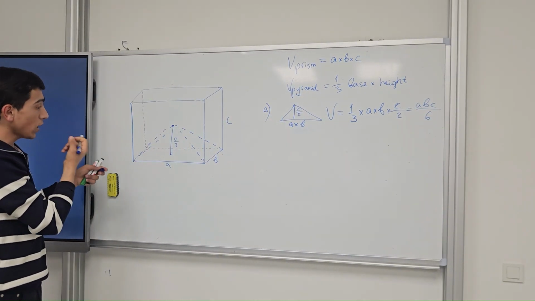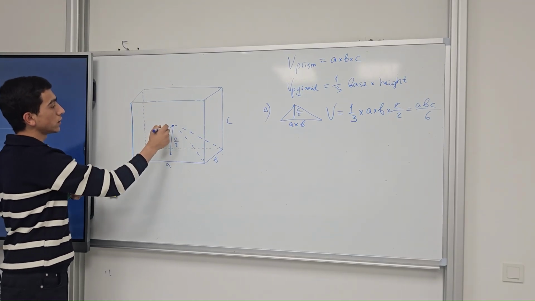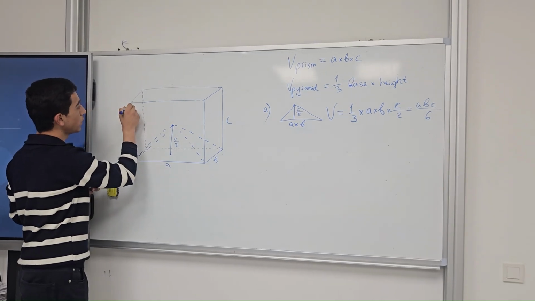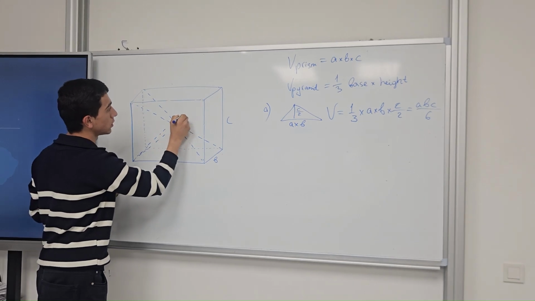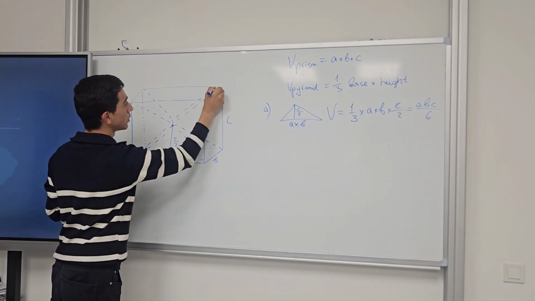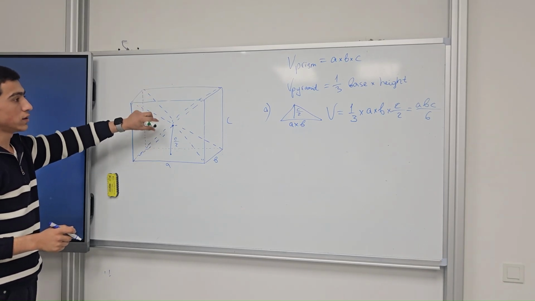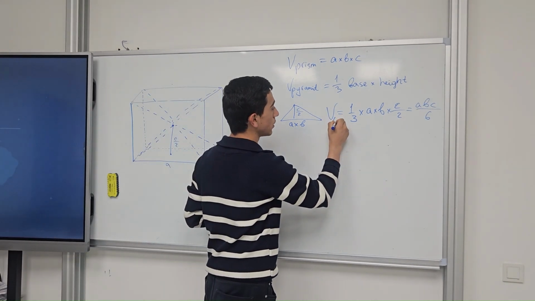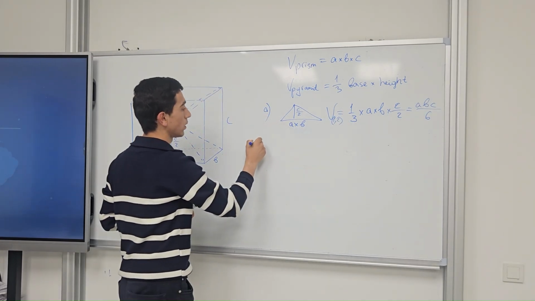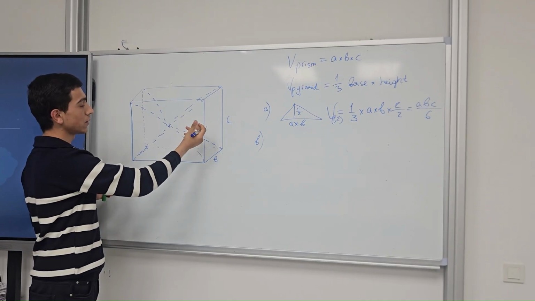And by mirroring the base to the opposite side, we can take the same pyramid. You can see here we have exactly the same size pyramid, so we can write it as two pyramids.